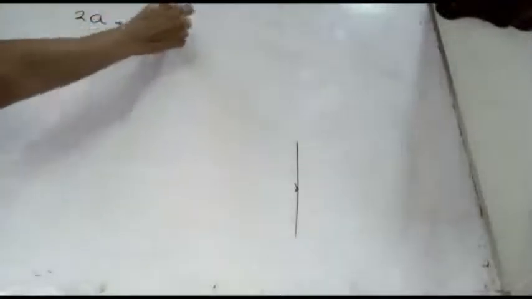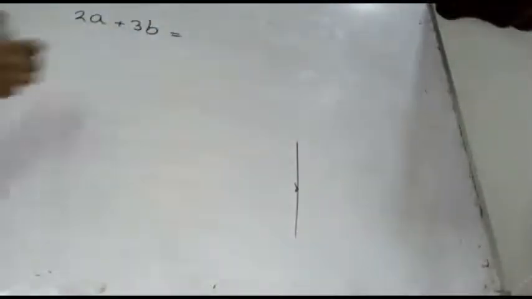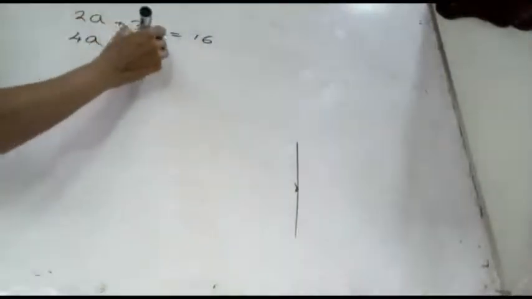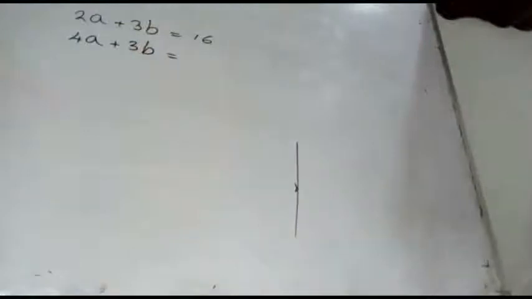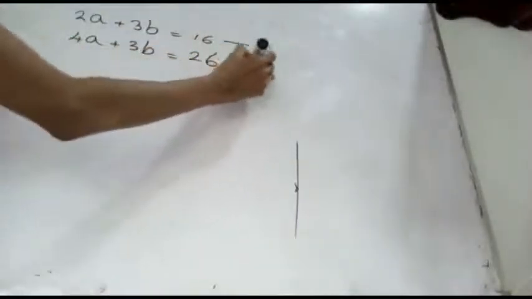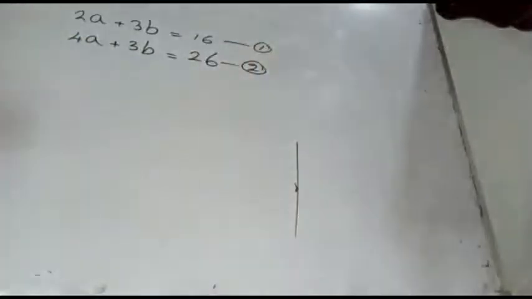2a plus 3b is equal to 16. 4a plus 3b is equal to 26. First equation, second equation.